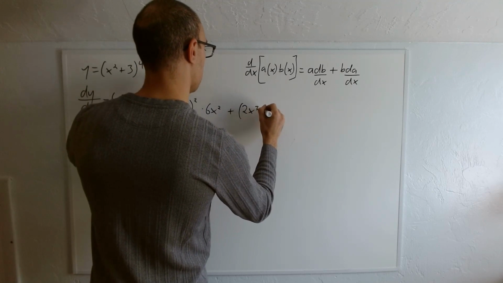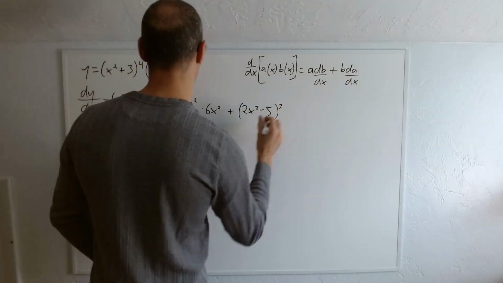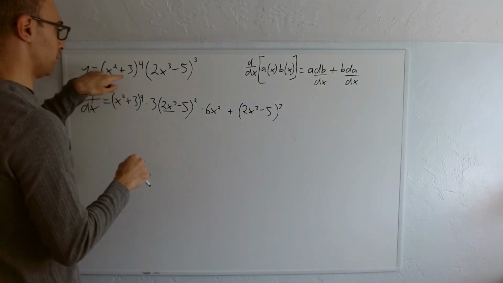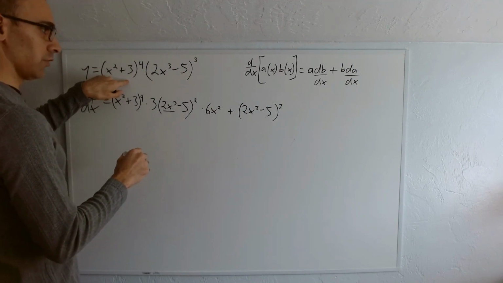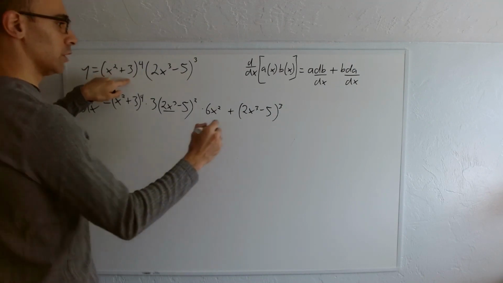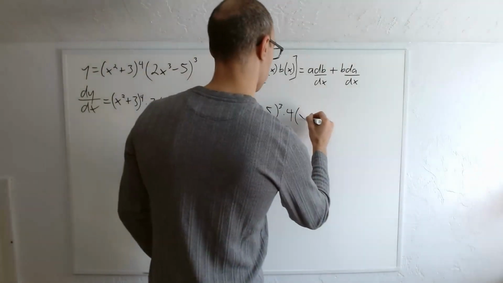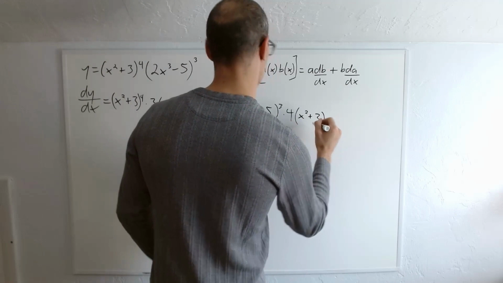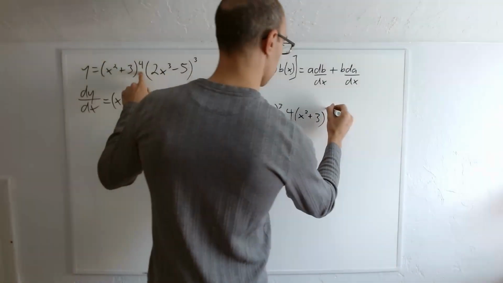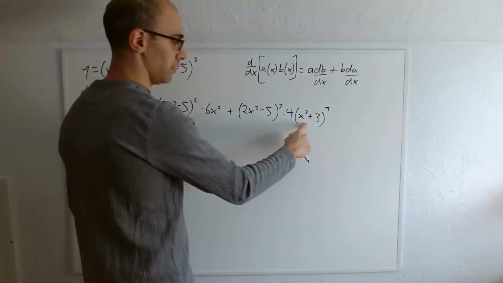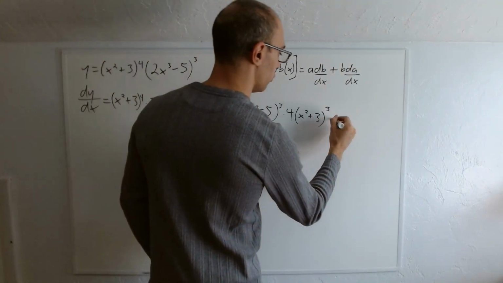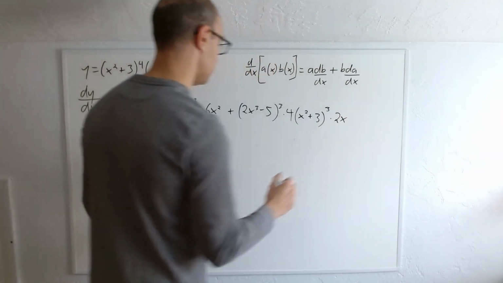So 2x cubed minus 5 to the 3rd times the derivative of this term. And this is, again, exponent rule. So the 4 comes out. We have x squared plus 3. This exponent gets lowered, and we have the derivative of what's inside, which is just 2x.